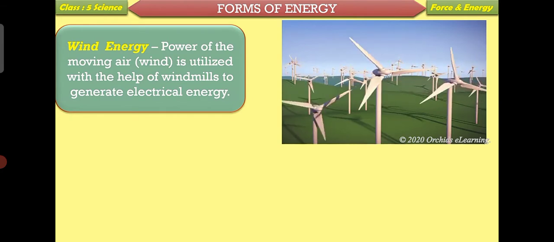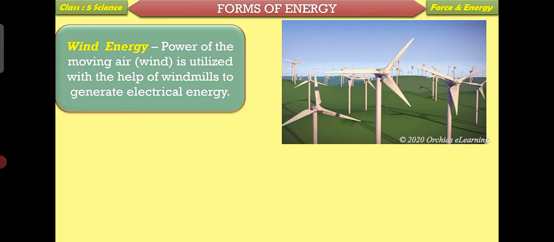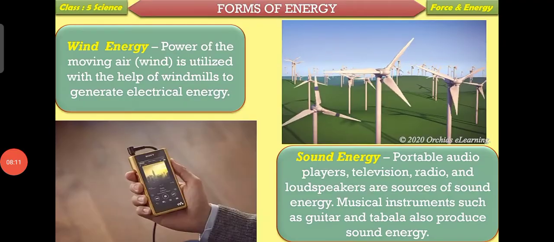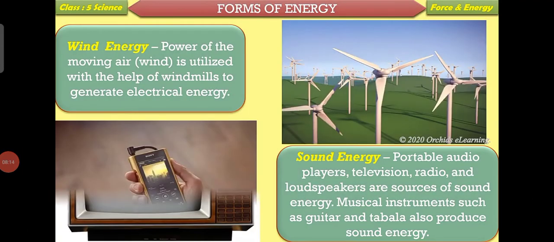These windmills are placed on the upper side of the hills, mainly because so much air is present in that area. They are located in hilly regions where the wind blows fast, and with the help of that moving air, energy is produced and used to generate electricity.